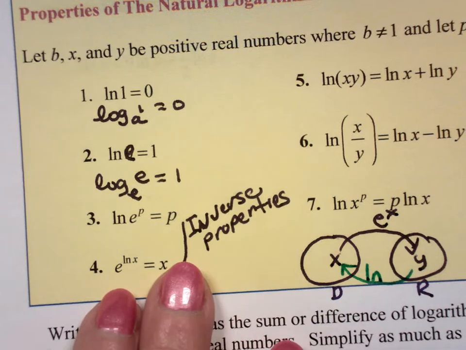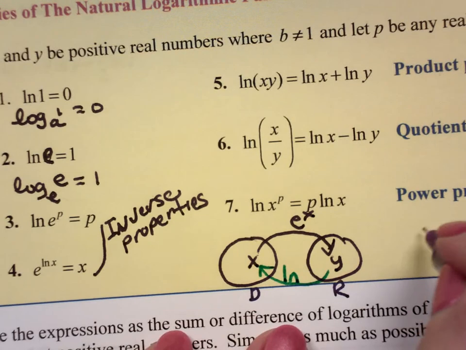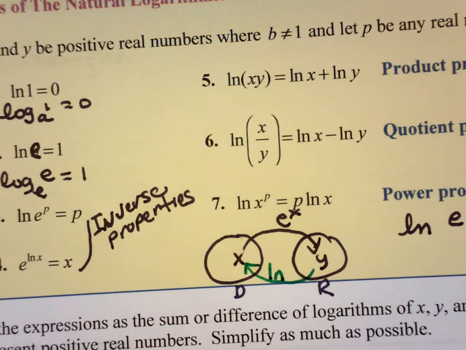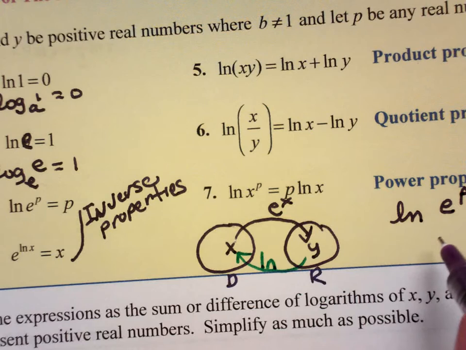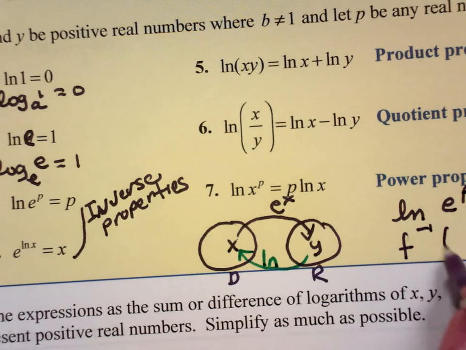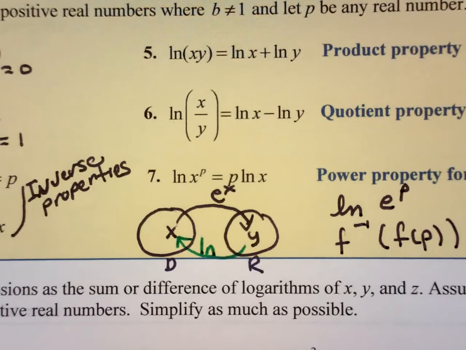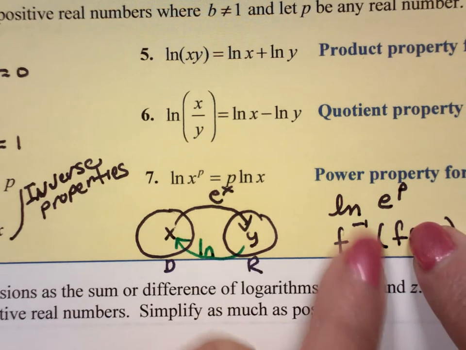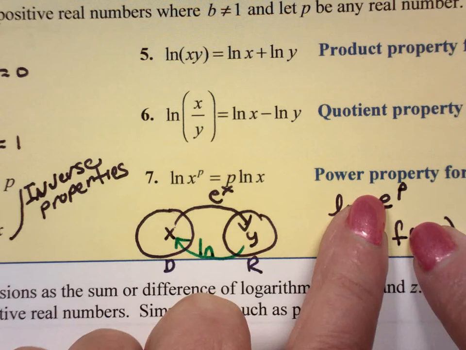So when they say natural log of e to the p, what they're saying is this is f inverse of f of p. Because remember, the logarithm brings it back, the function takes it across.